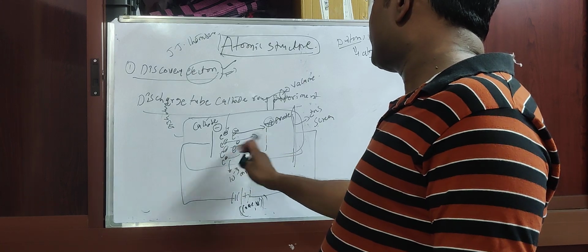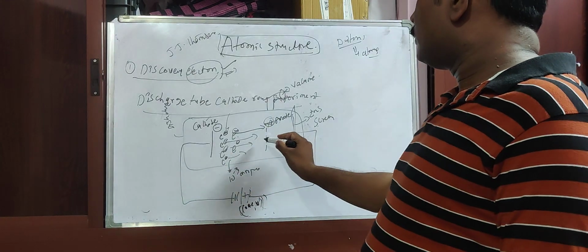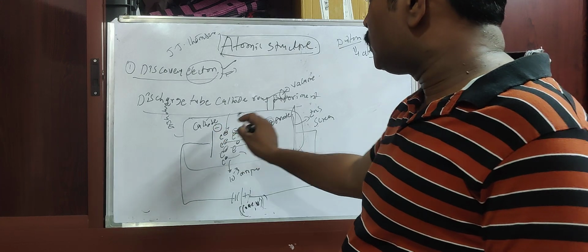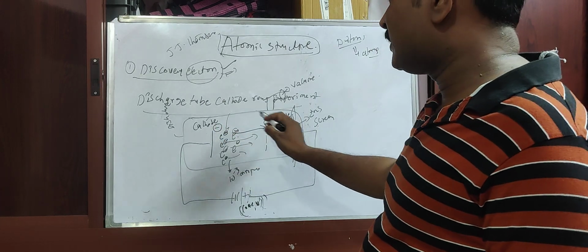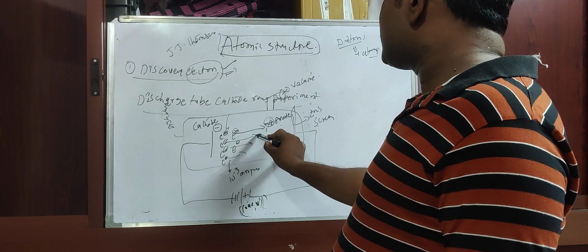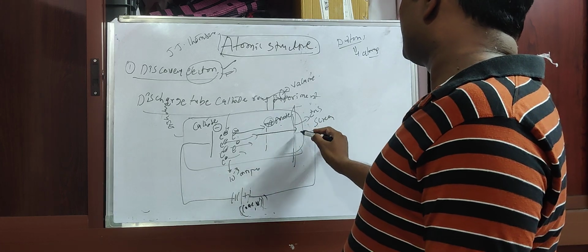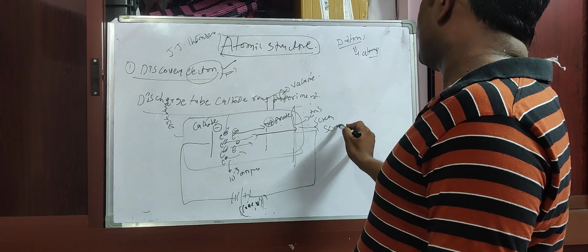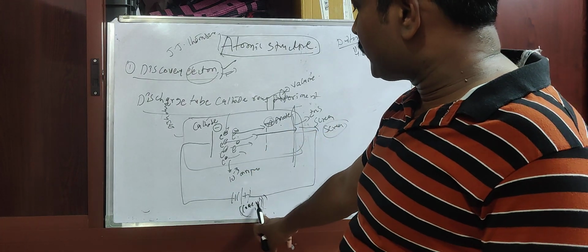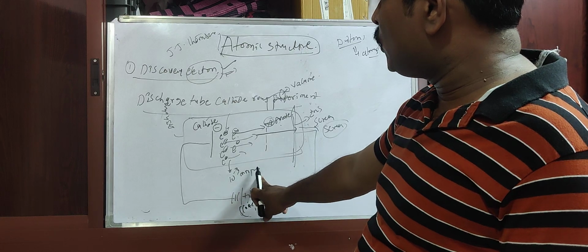The anode is perforated, meaning gaps are there. They travel from the cathode electrode towards the anode side. He observed that these rays come from this side and strike the screen.